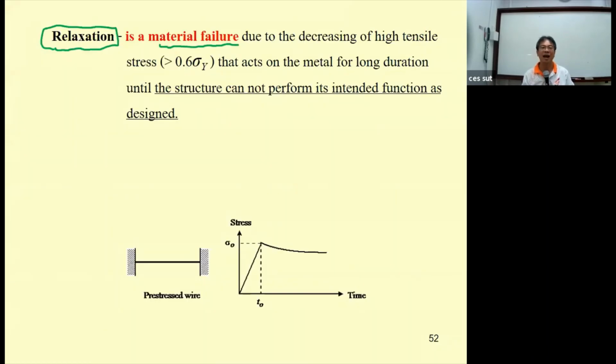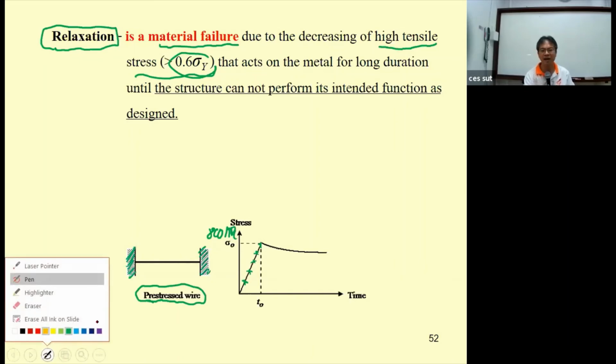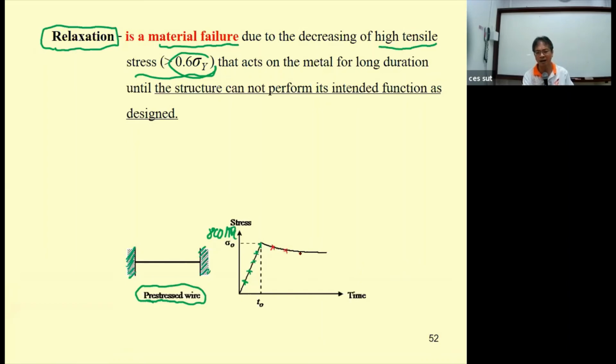And then under forces, for example, if we have a prestressing wire, and when it is subjected to high tensile stress, for example larger than 0.5 of its strength, for example 800 megapascal, and then you hold it at that stress, what happens is the stress inside the prestressing wire that's used to produce the prestressed concrete will reduce by itself.